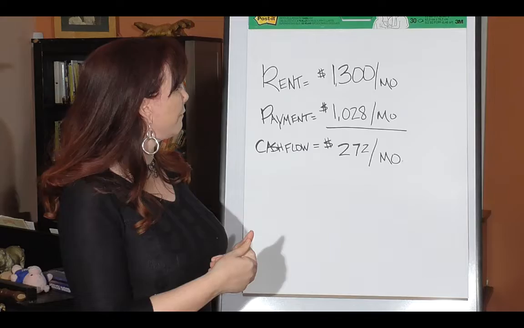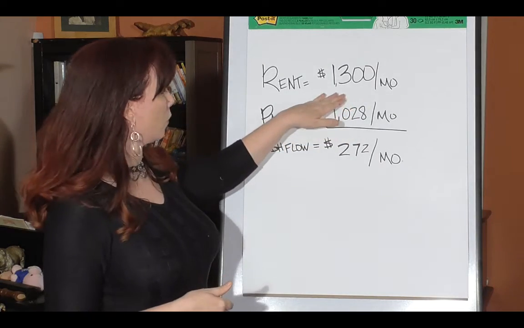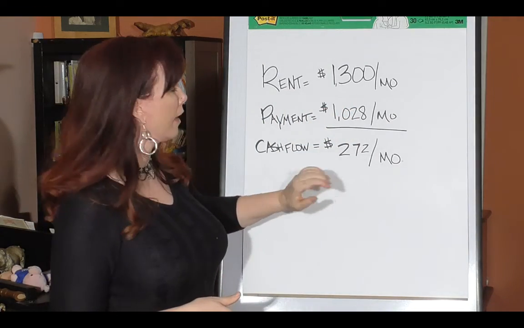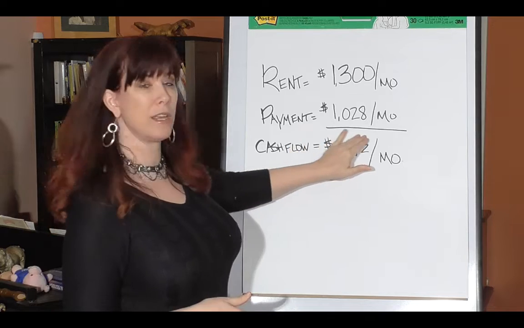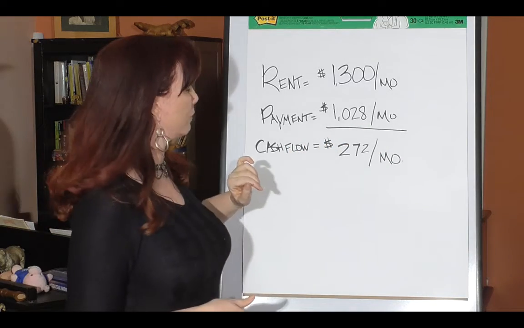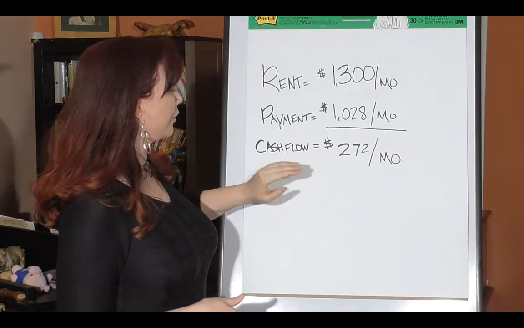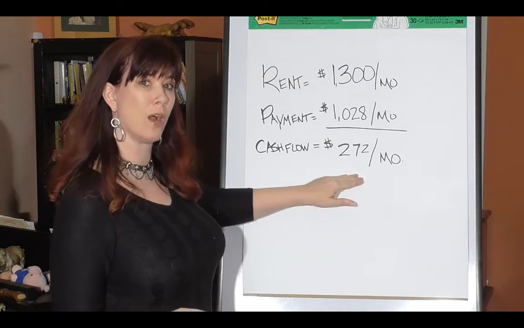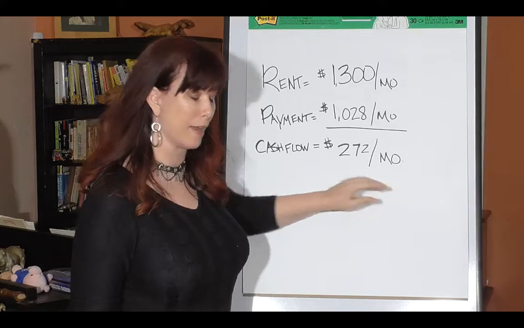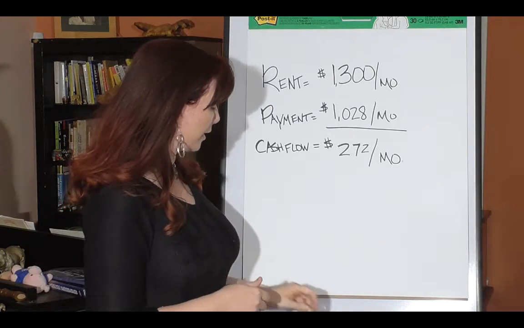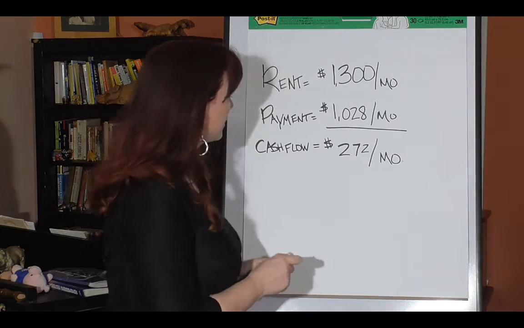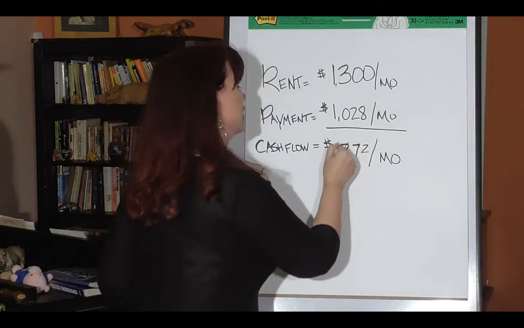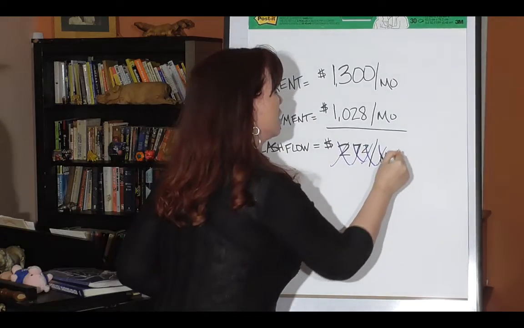And the numbers they gave me were this: the house will rent for $1,300 a month, and the outgoing payment is $1,028 a month, and therefore they should do this deal, according to them, because the cash flow is $272 a month. The problem with this is that it is completely 100% wrong.